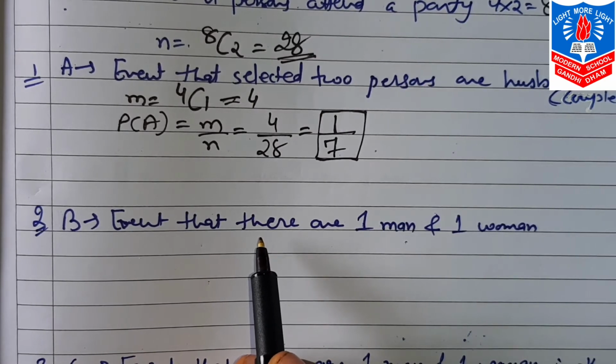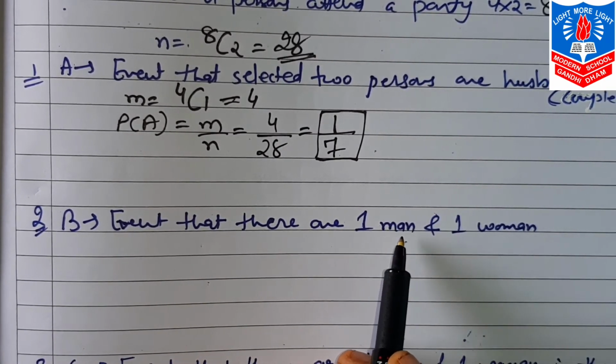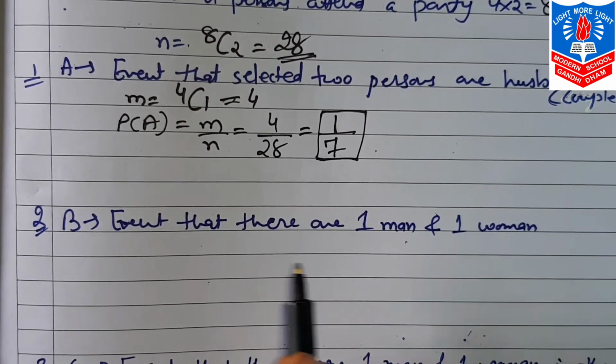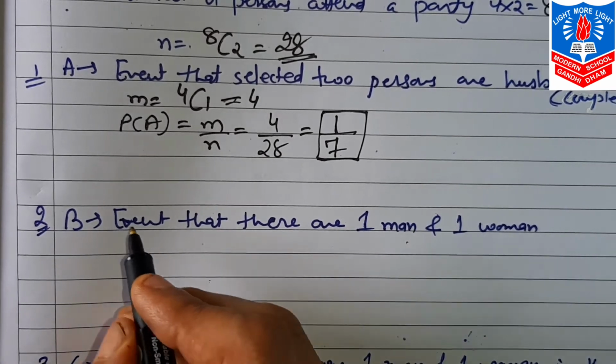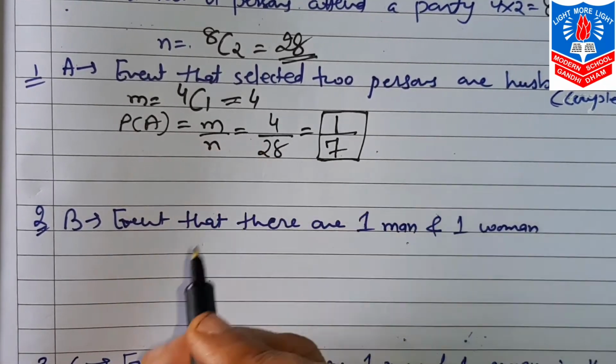Now second, the 2 persons selected are 1 man and 1 woman. This is simple but different from the first one.